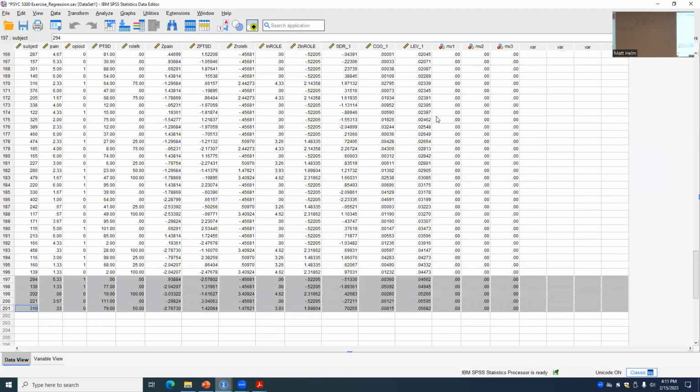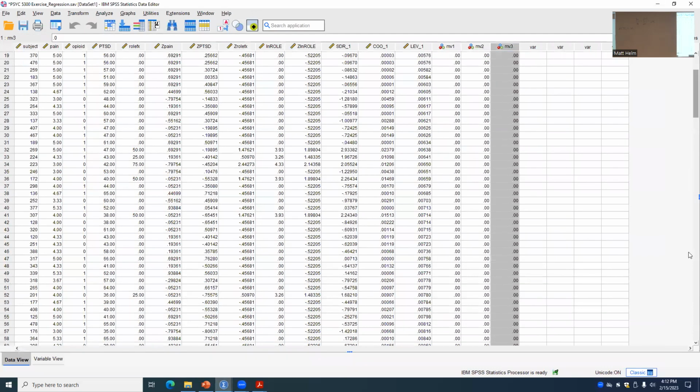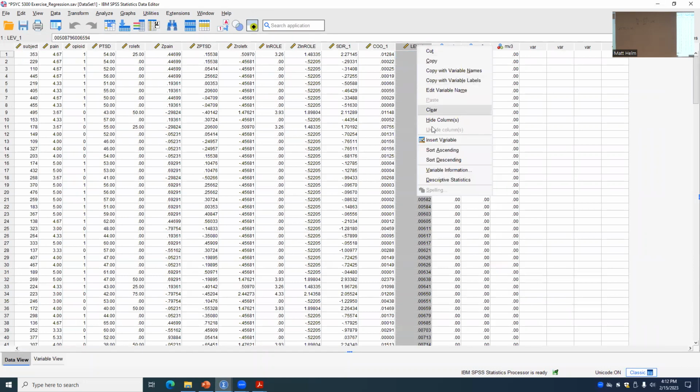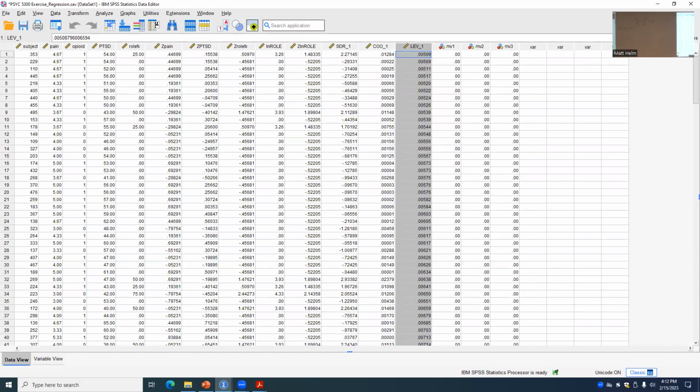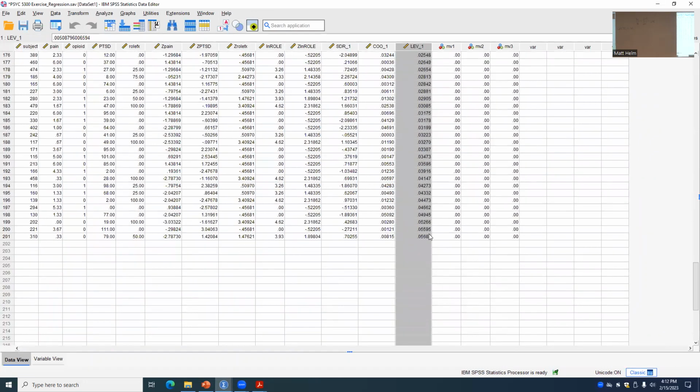If I pull up my data set, I've got MB1, MB2, MB3, just a straight column of zeros. But if I sort my leverage values and go down here, for my first case, 310, that has my highest leverage value, I'm going to set MB1 equal to 1 for that case.